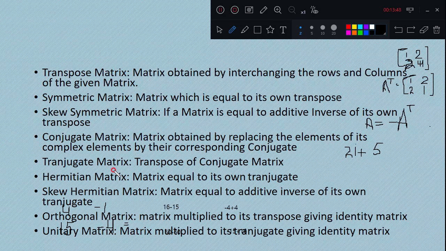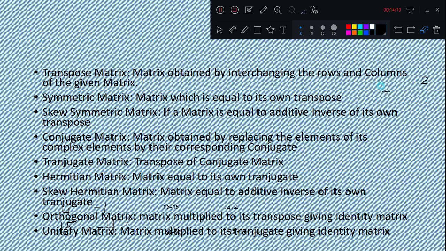The transpose of the conjugate matrix obtained is termed the conjugate transpose. Hermitian matrix is a matrix which is equal to its own conjugate transpose. Skew-Hermitian matrix is a matrix that is equal to the additive inverse of its own conjugate transpose. I have made you understand what conjugate and transpose mean, so I don't feel there's a need to show you any example of this.